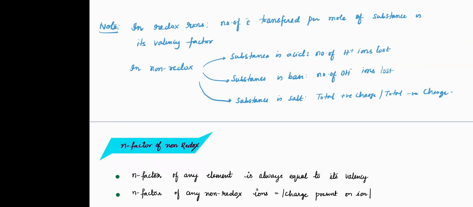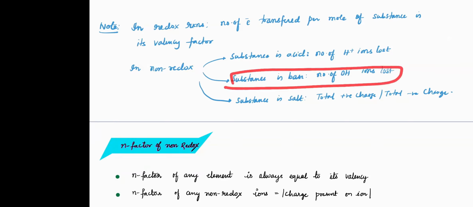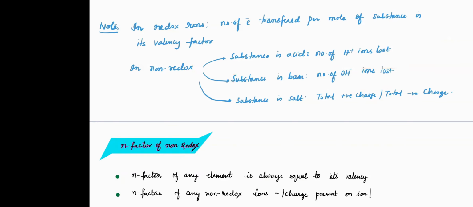Similarly, for a base, it represents the number of OH minus ions, correct? That means if it is non-redox, how many OH minus a base is able to give defines its valency factor.